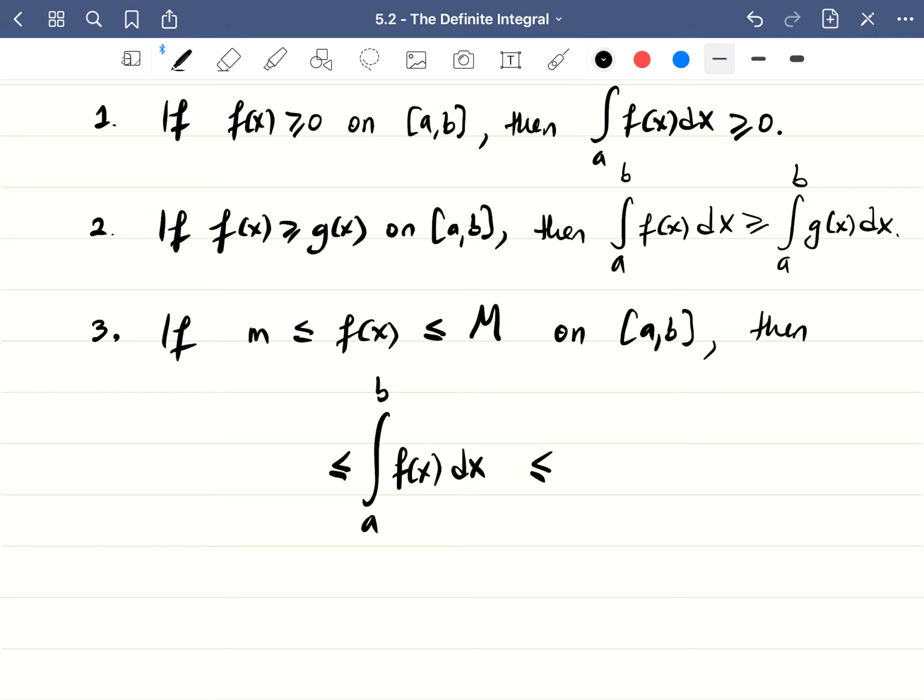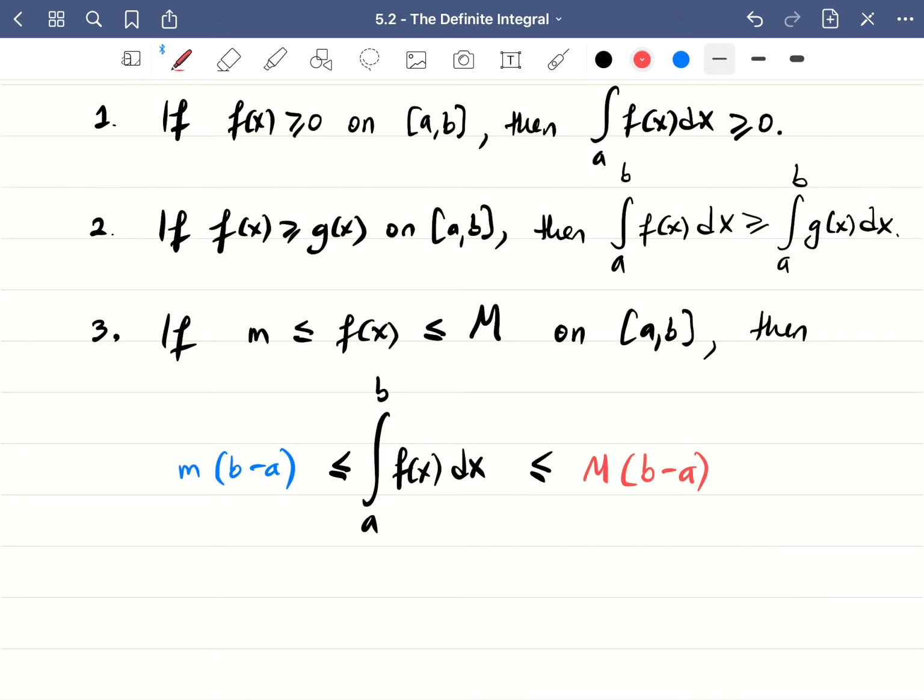On the left, we have lowercase m times b minus a, and on the right, you have capital M times b minus a.